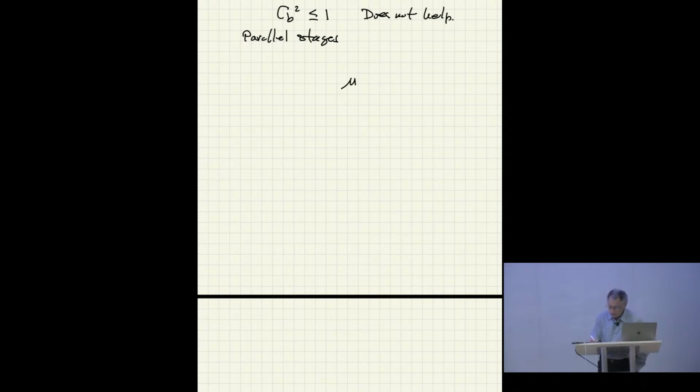Suppose I have a service rate at mu1 and another one at a rate mu2. And I let customers come in, and either they decide to go through the upper guy or the lower guy. And no matter which one they chose, they then leave.